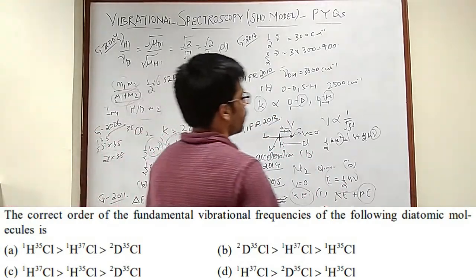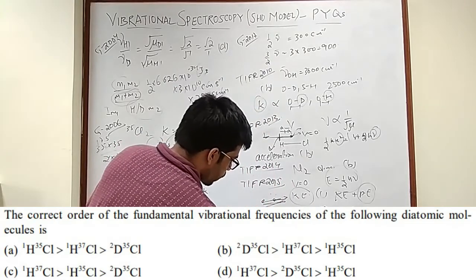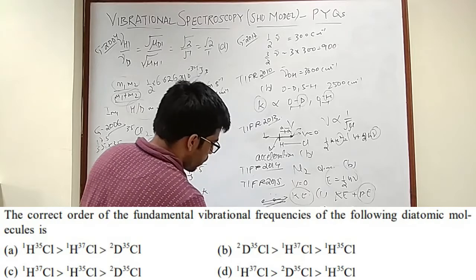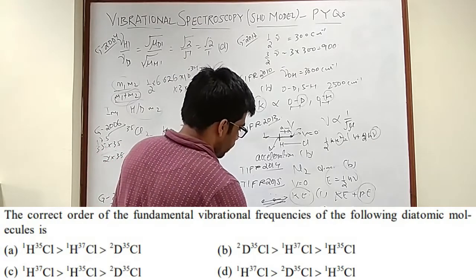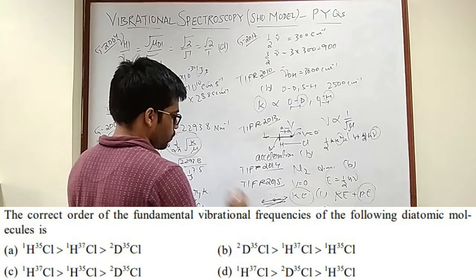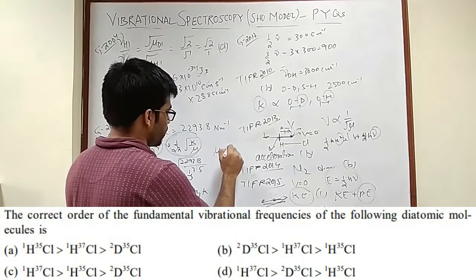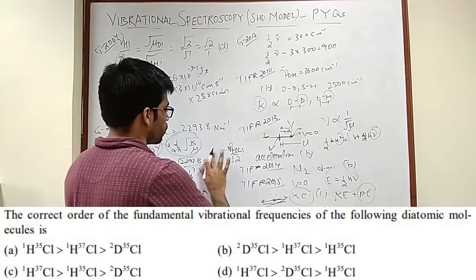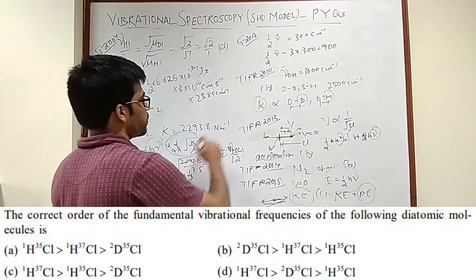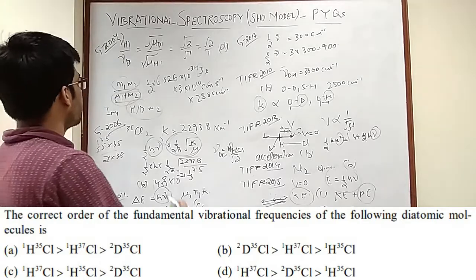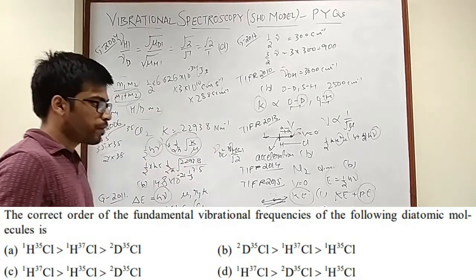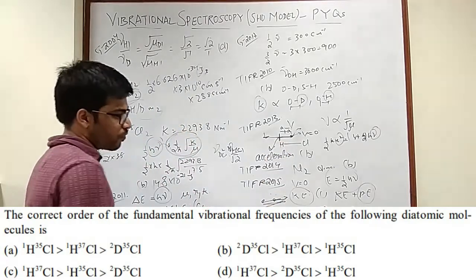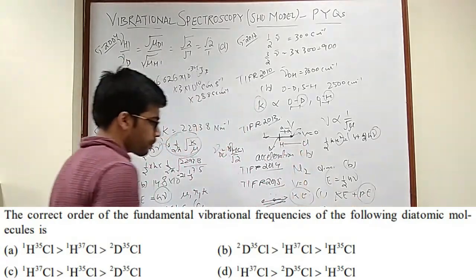Now, we know obviously the vibrational frequency for HCl is greater than DCl. That we know, because for DCl it is HCl by under root 2, that we have seen a number of times. But for H37Cl, where will it be? Whether it will be greater than DCl or less than DCl.